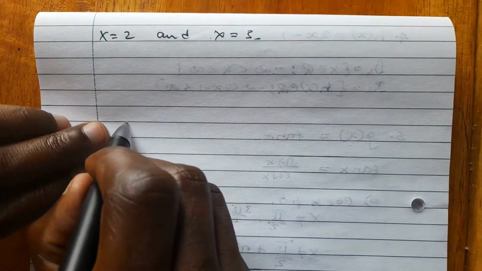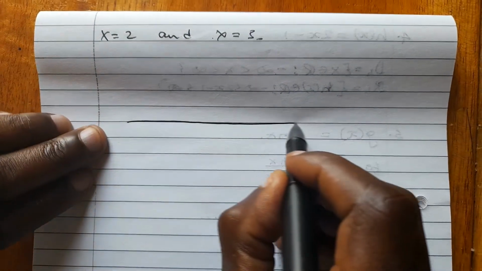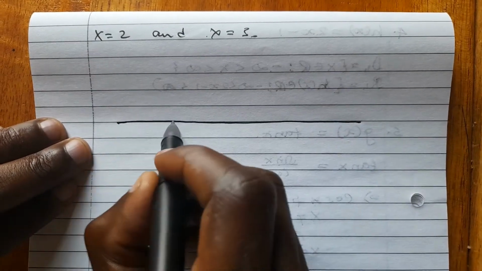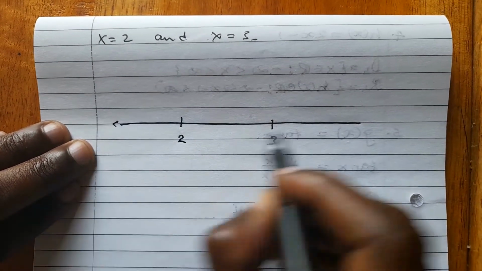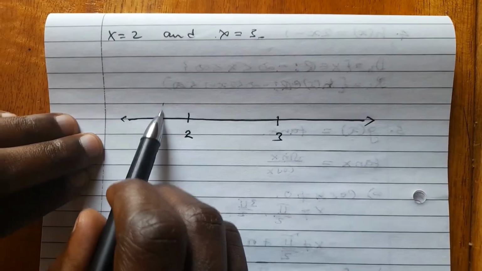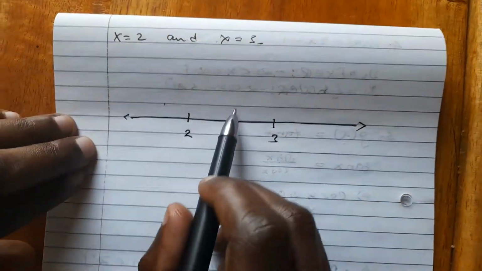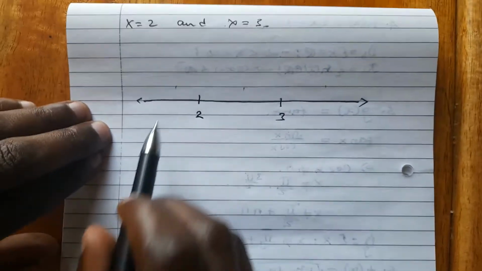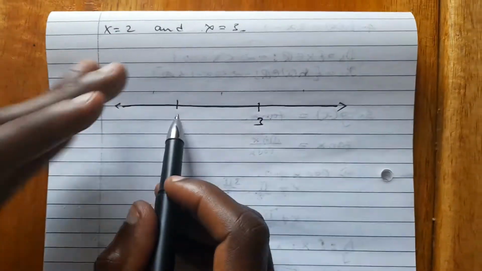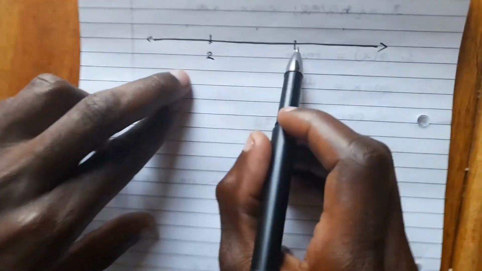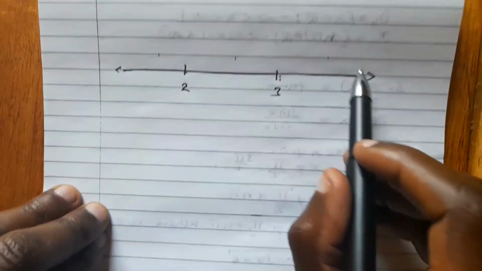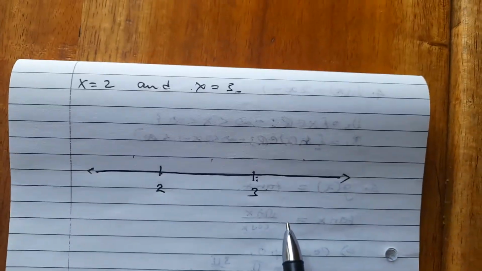And what are those 3 intervals? We have 2 and 3, so this is the first, second, and third. We will test the values to the left, that is below 2, the values between 2 and 3, and the values greater than 3, to see where exactly the function is defined.